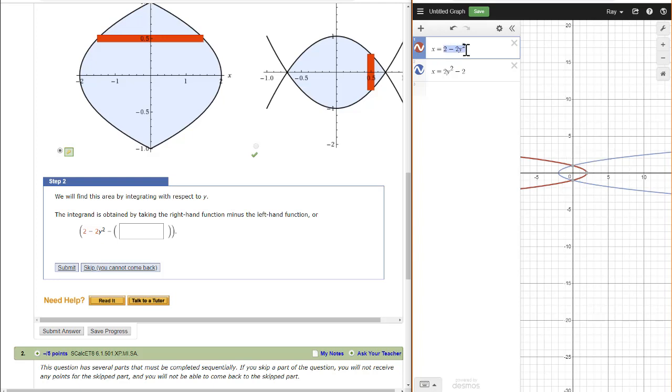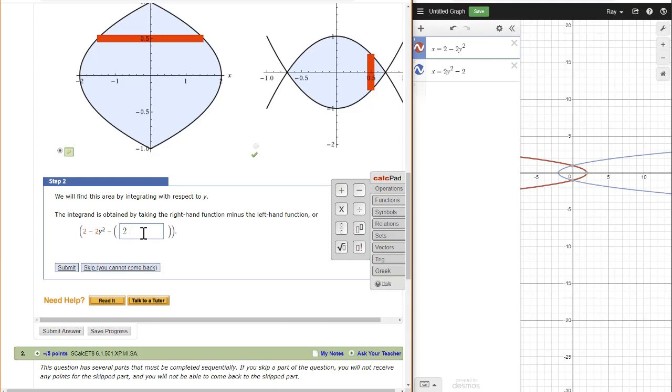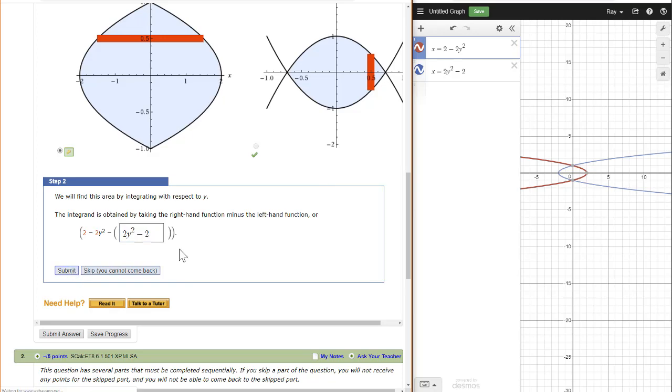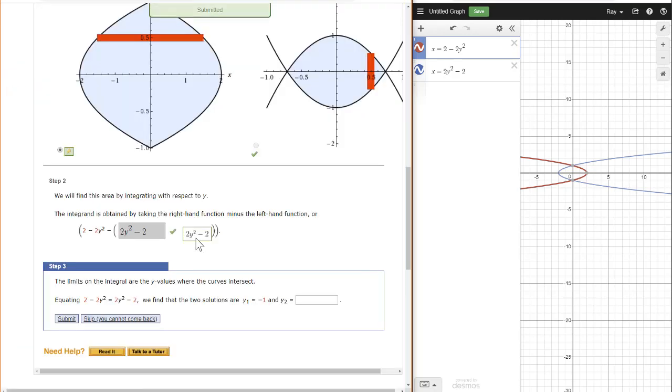So the first function is going to be 2 minus 2y squared. And the second function would be the other one, 2y squared minus 2. This is what's going to go in the integrand.